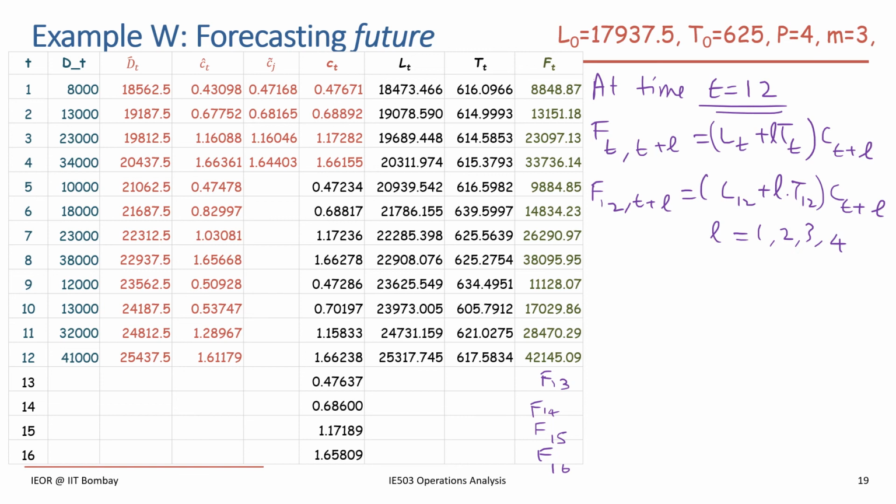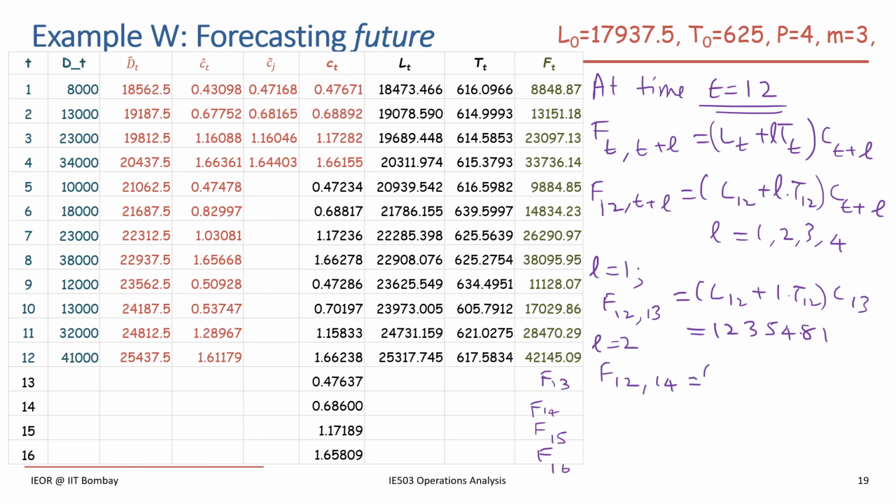In this expression, suppose we set l equal to 1, we get the forecast at time 12 for time 13, which is nothing but L12 plus 1 into T12 into C13. I know C13, I know level 12 and trend 12. So if I substitute, F13 comes out to be 12354.81. Let's take up the next period. For l equal to 2, I have F12 to 14.